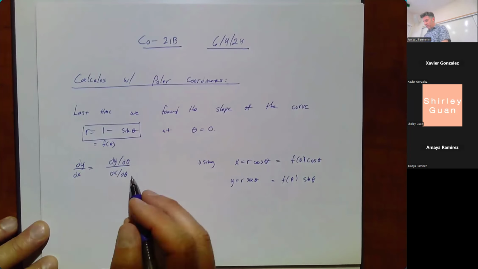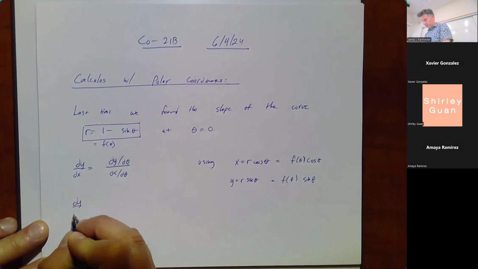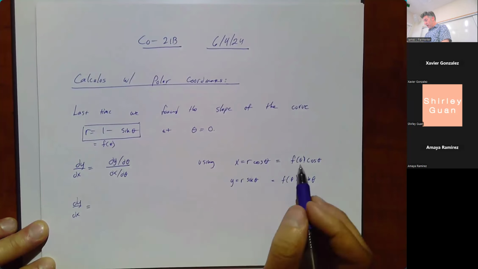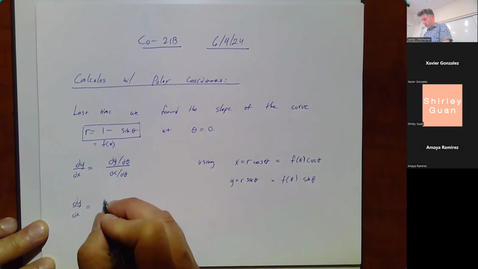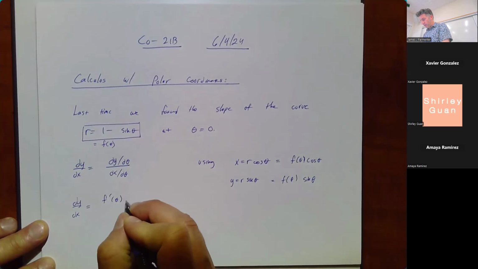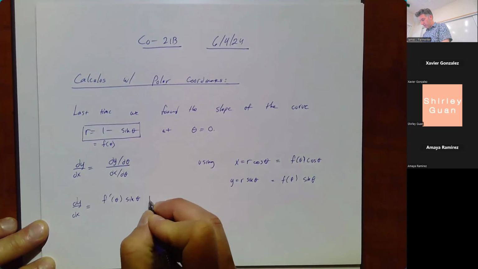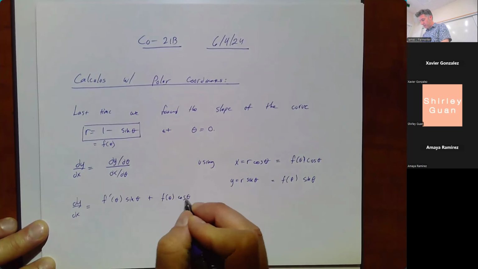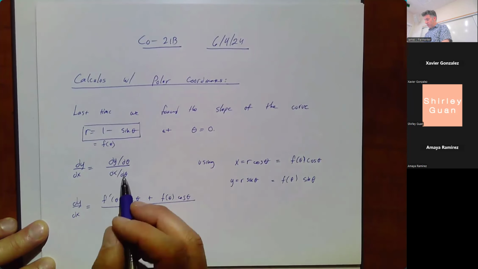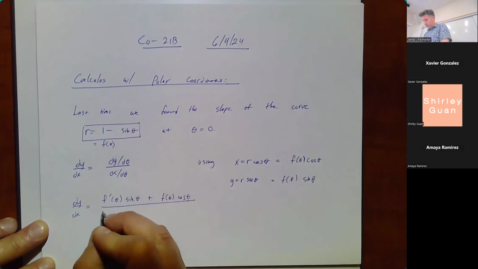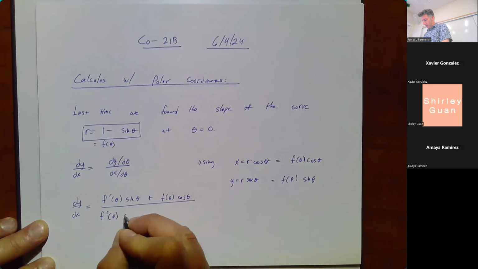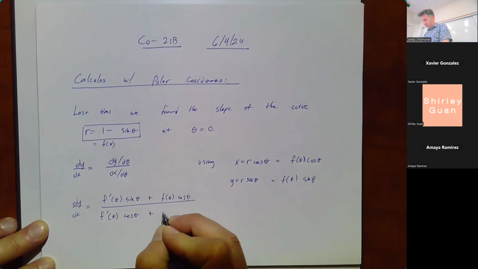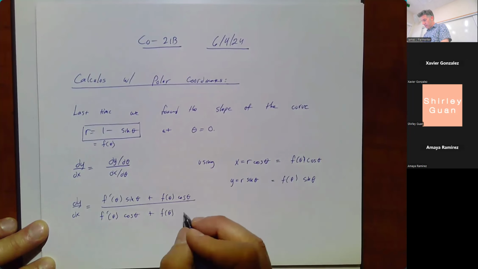So when we did this, we got dy/dx equal to, dy/d theta by the product rule, f prime of theta times sine of theta plus f of theta times the derivative of sine of theta, which is cosine of theta, over the derivative of x, which is f prime of theta times cosine theta plus f of theta times the derivative of cosine, negative sine of theta.